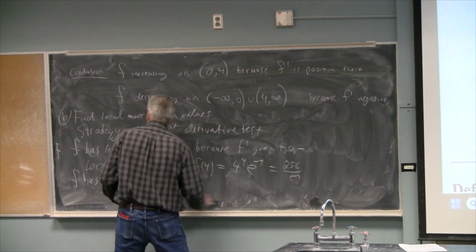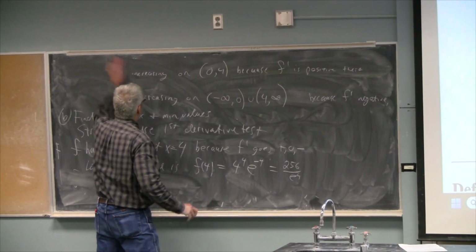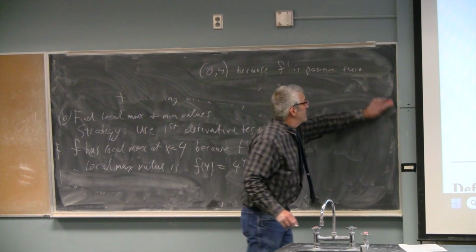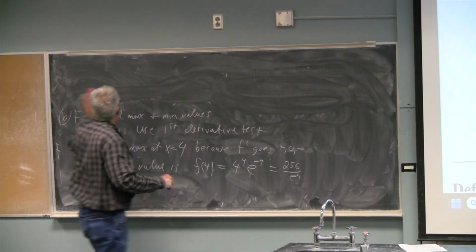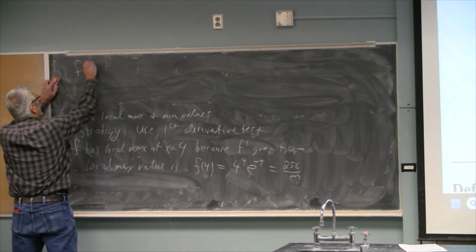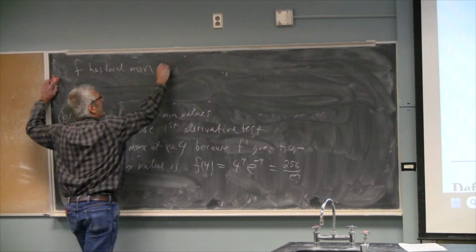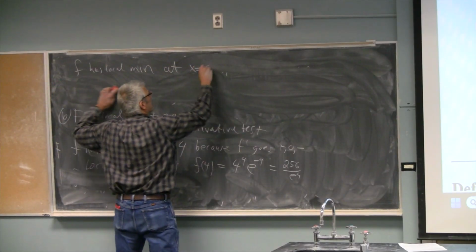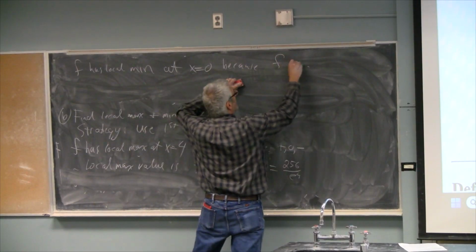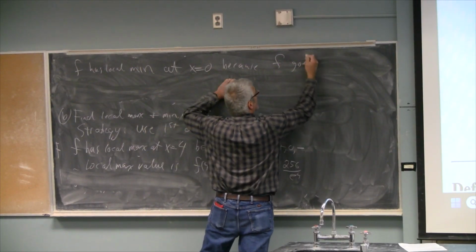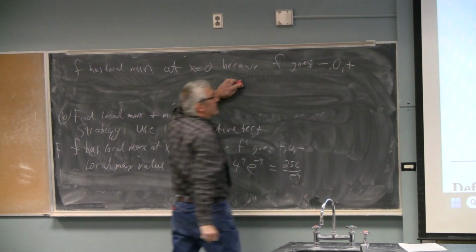I'm going to move this up to the top of the board so those of you who are farther back can see it. f has a local min at x equals 0 because f prime goes negative to 0 to positive.